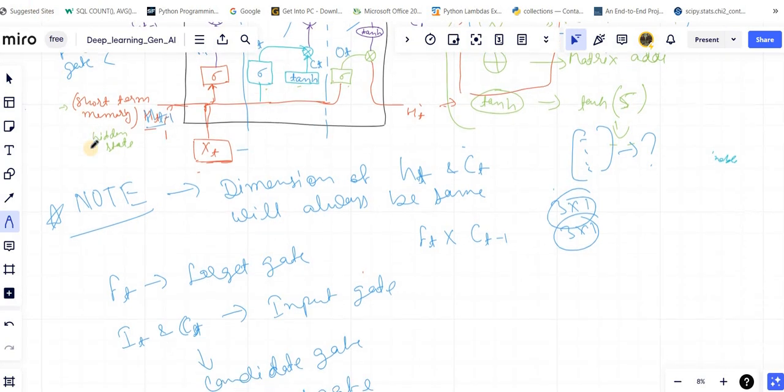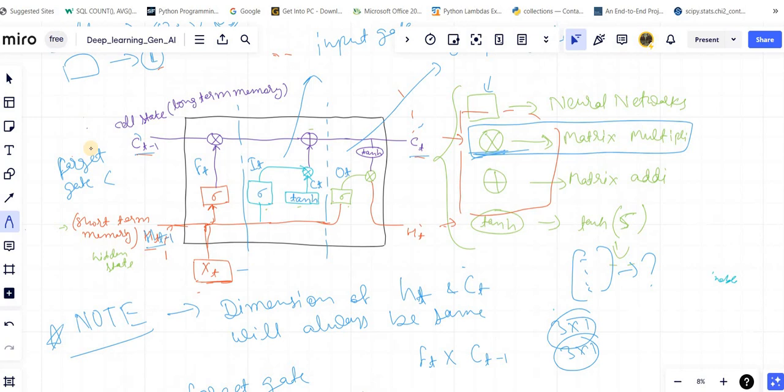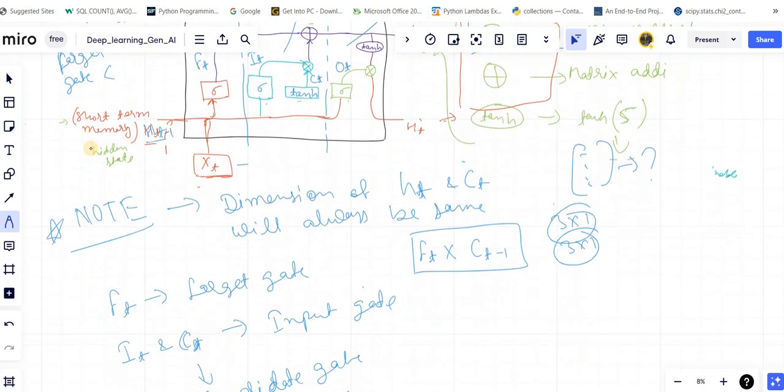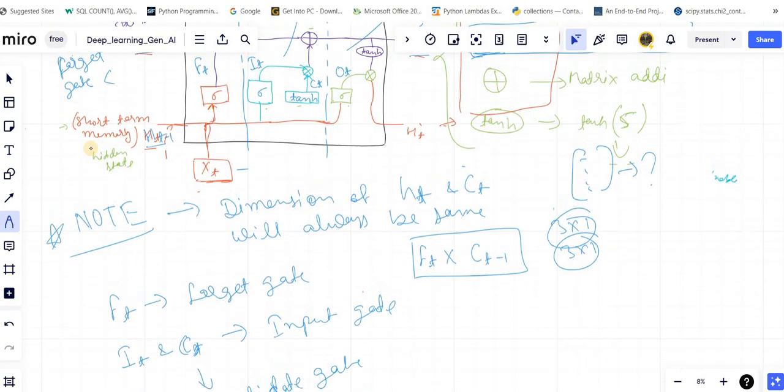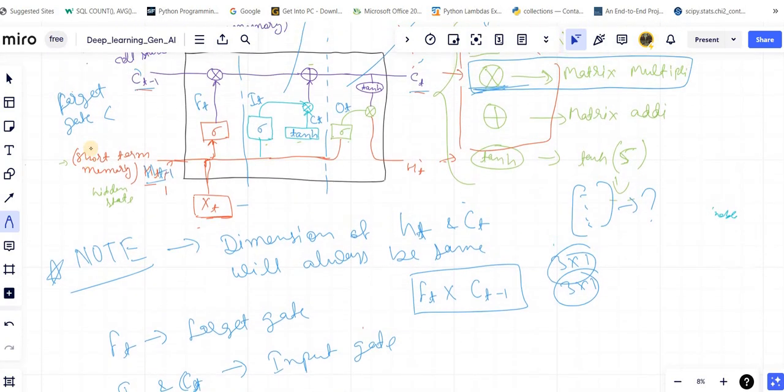So let's understand. For ft and ct minus 1, I just want to show the pointwise operation.